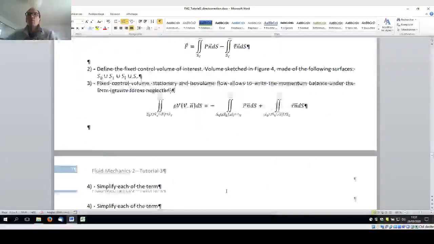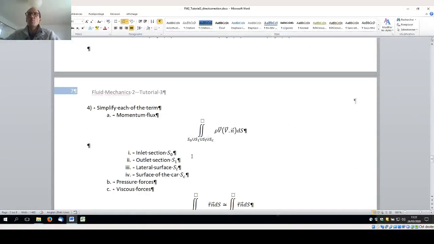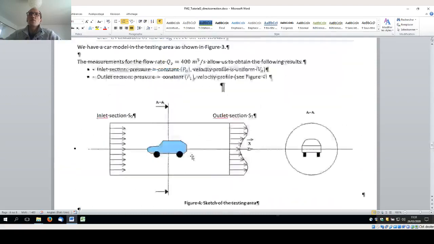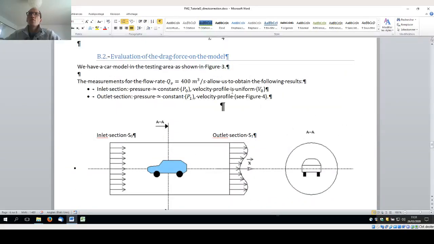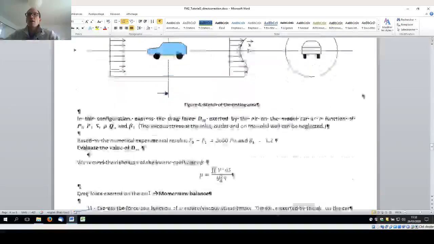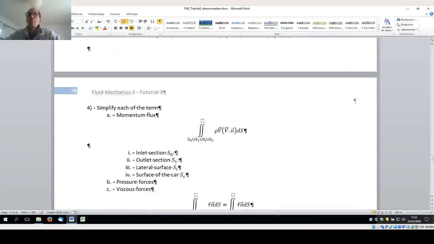So we'll do very similarly to what we have seen. In the inlet section and outlet section, what is said in the subject is that the flow is parallel and uniform.